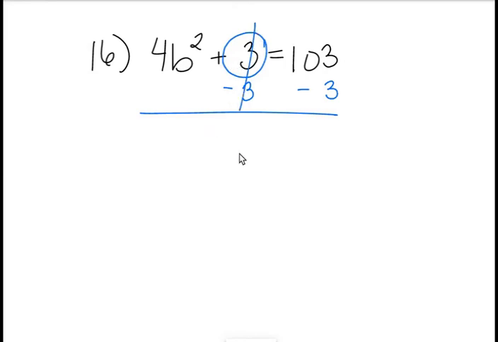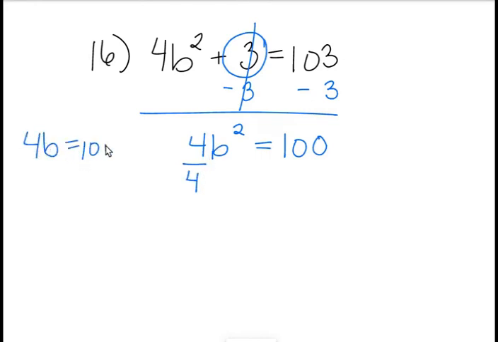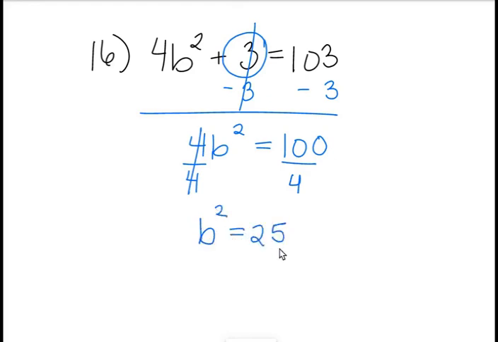So if I can make that 0, I can start finding b. 4b squared equals 100. Eliminate the 4 that's being multiplied. Remember, if it was 4b equals 100, I would get rid of this 4, right? So that's what we do. 4's eliminate, and I get b squared equals 25.